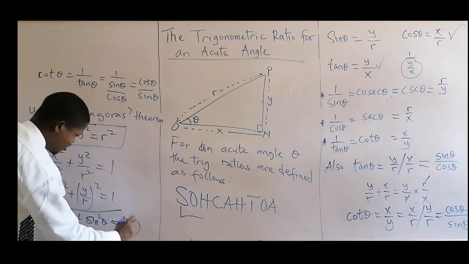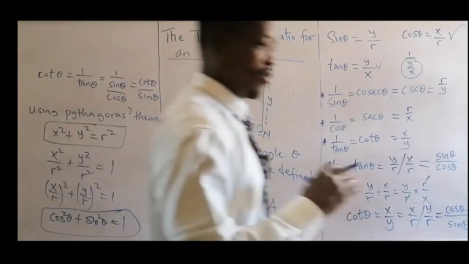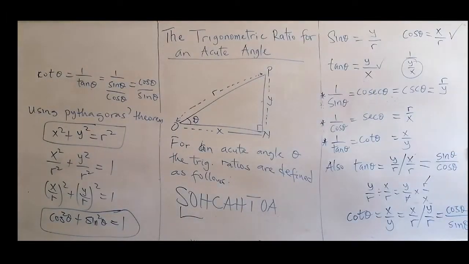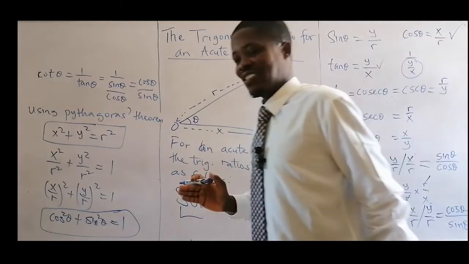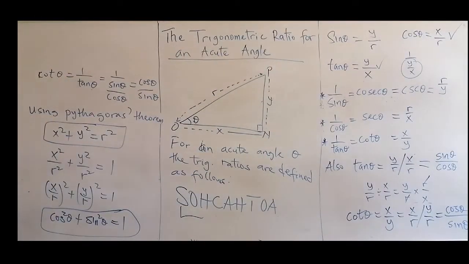So this theorem is very, very important. We use it a lot in trigonometry, and in differentiation, in so many places. So it is established that cos squared theta plus sine squared theta is 1.